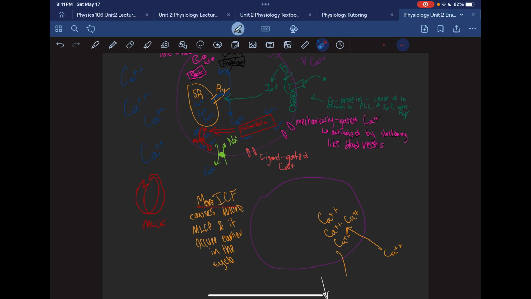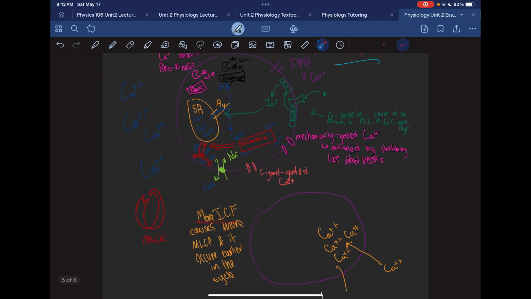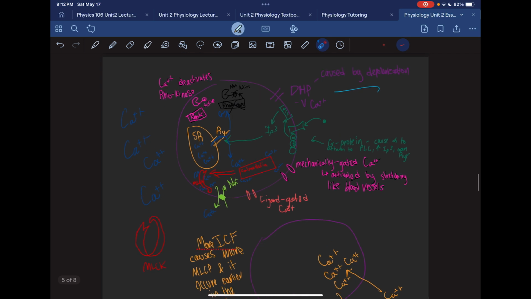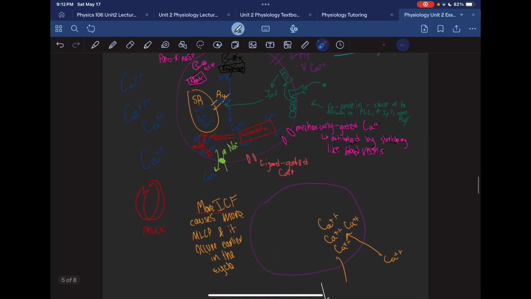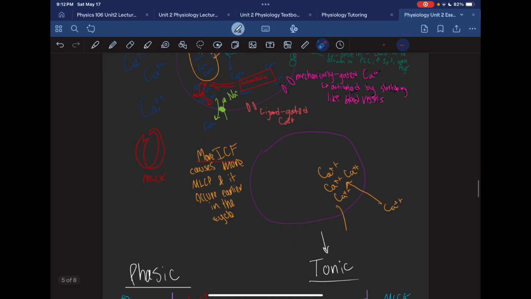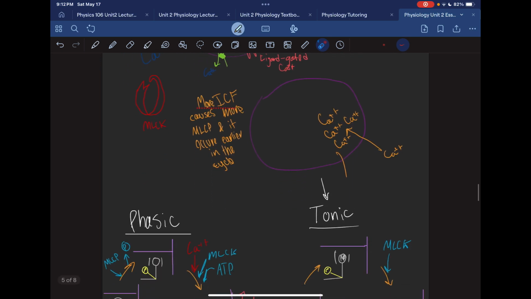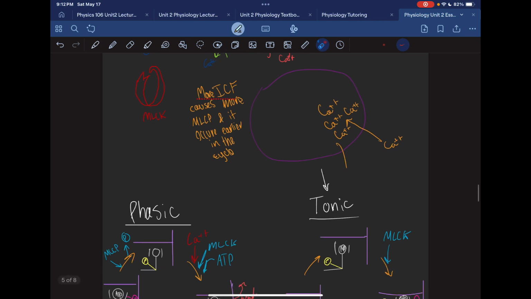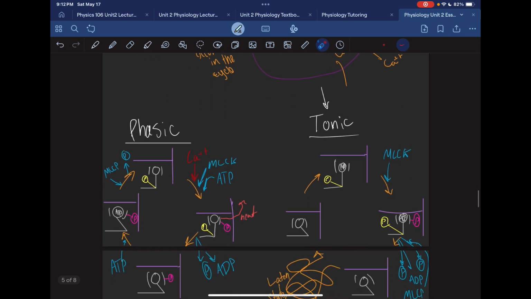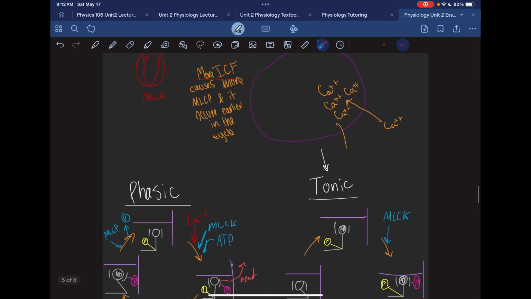So yes, smooth muscle is a 50-50, we kind of say, between ICF and ECF calcium that we use. So more ICF causes more MLCP, and we'll see MLCP coming along earlier in the cycle.